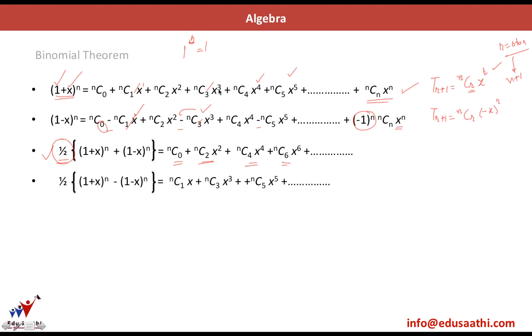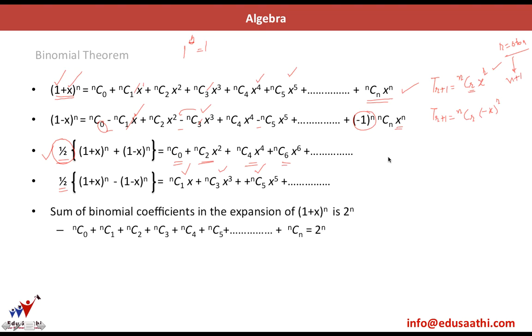Similarly, if we subtract the 2 terms, all the even terms would get cancelled out and we'll be left with twice the number of odd terms. So that twice adjusted here would give me nc1 x raised to power 1, nc3 x cube, nc5 x raised to power 5, and so on.